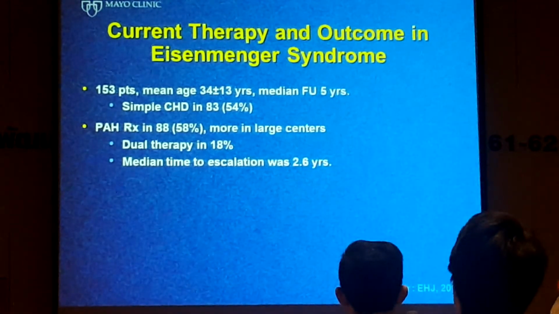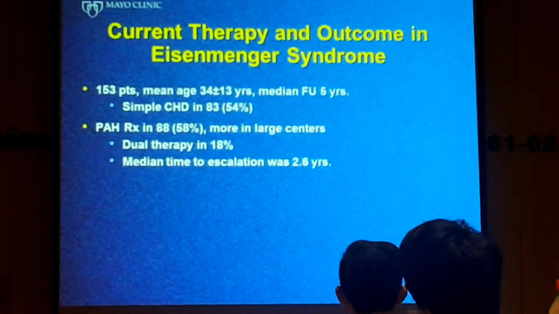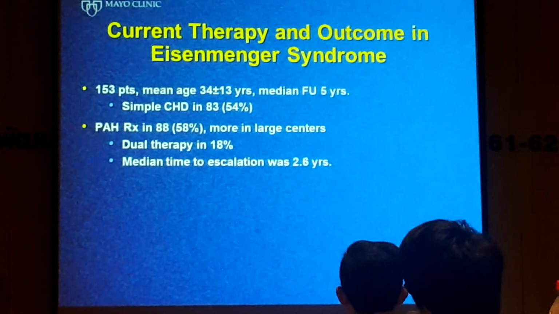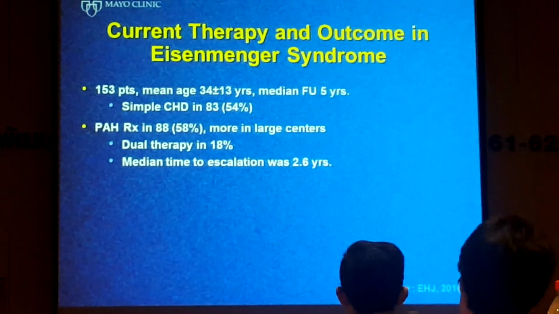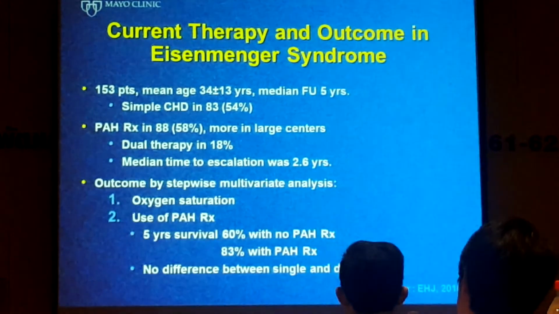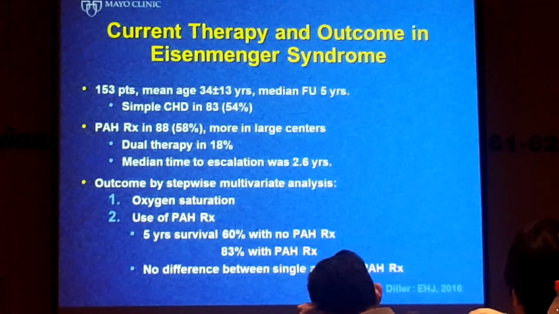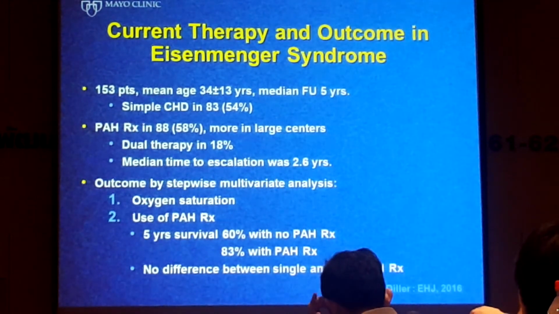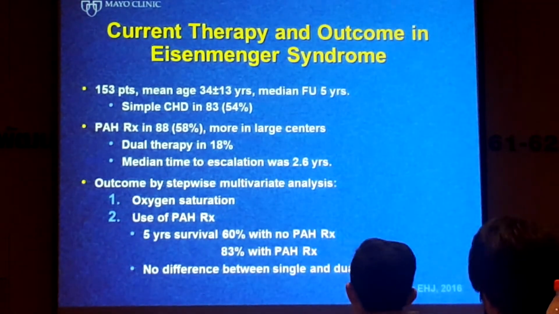This is a great study that was published in 2016. Look at 153. That's the largest Eisenmenger study that was treated with PH-targeted therapy. Around 18% were on dual therapy, and the mean time when they changed from one drug to two drugs was around 2.5 years. The multivariate analysis showed that oxygen saturation got better, the 6-minute walk got better, and survival appears to be better.